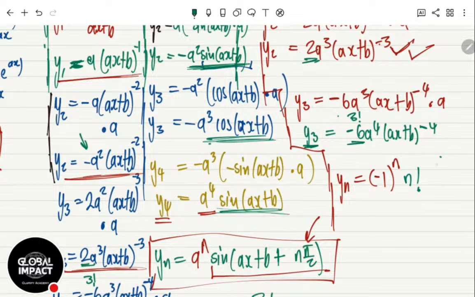Can we put it a to the power of n plus 1? Then here we have, just divide and put it. It'll be ax plus b to the power of negative n plus 1. This is going to be it, and you'd be having your formula for the nth derivative.